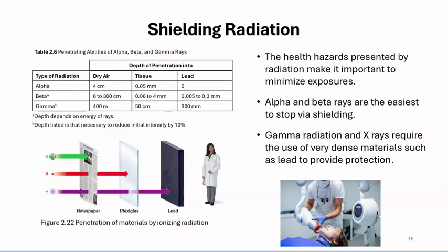So in this person here, we can observe how this jacket that is in blue is utilized to shield specifically the rays and only target the area that needs to be visualized. At the end of the day, understand that alpha and beta rays are going to be the easiest to stop via shielding.